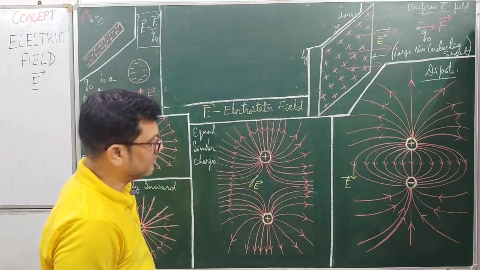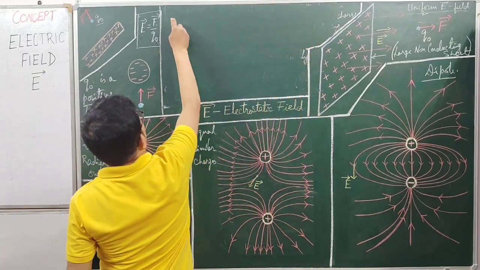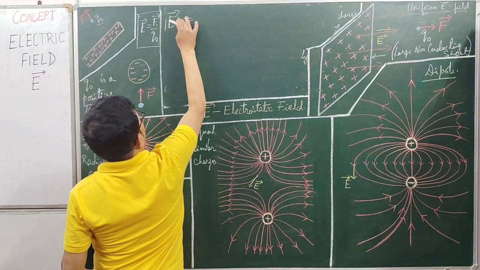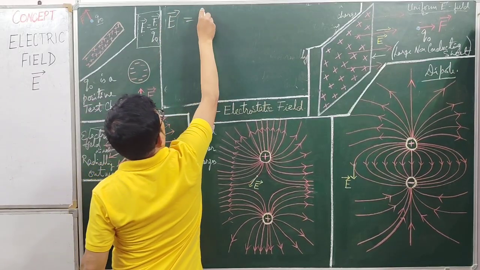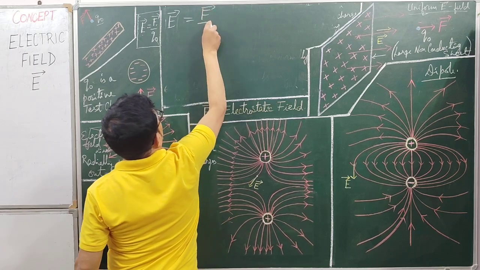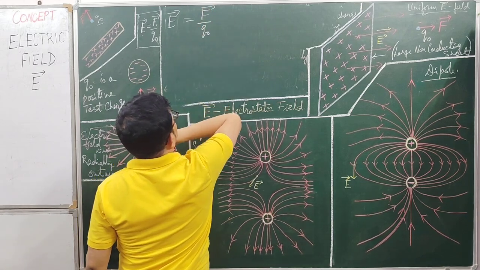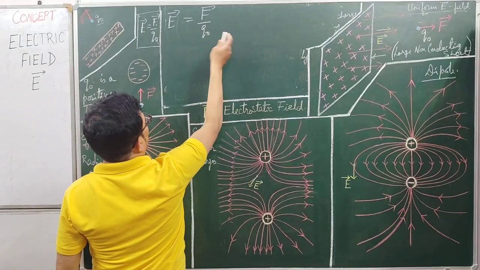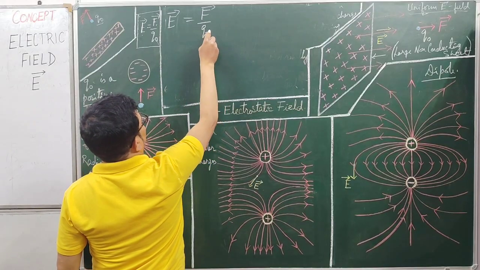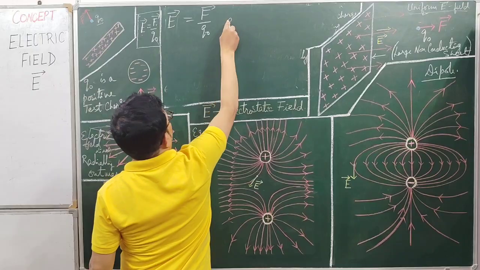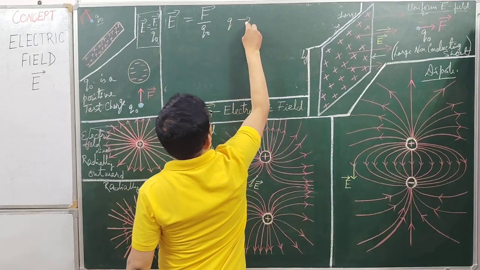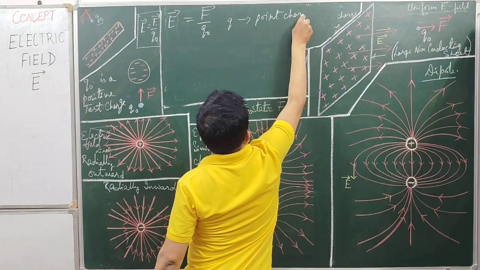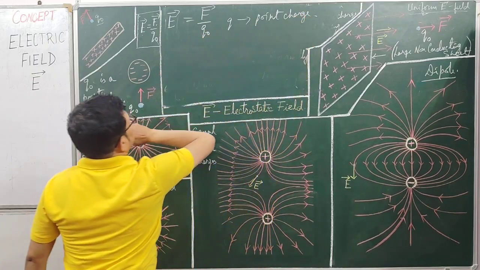Electric field is defined as force over Q naught, where Q naught is the test charge. Suppose you have two point charges, Q and Q naught. Q is the point charge and Q naught is the test charge.